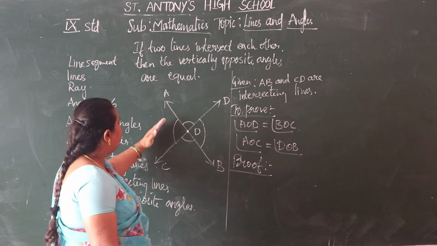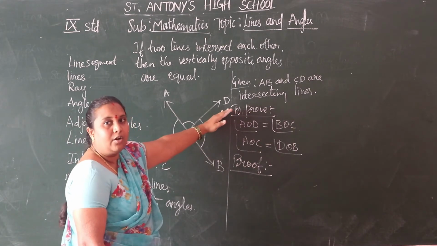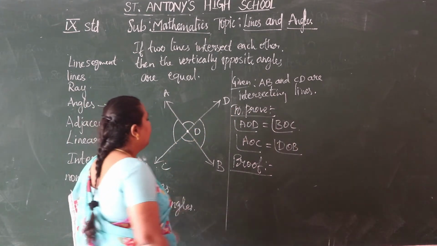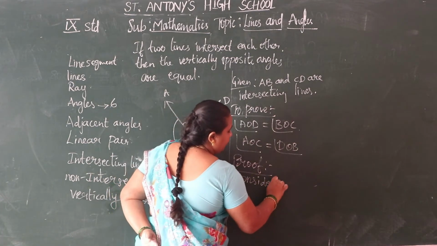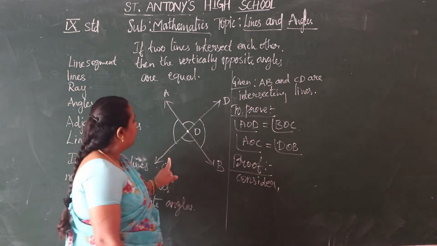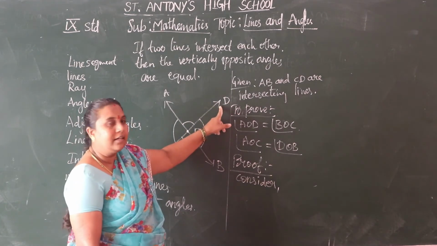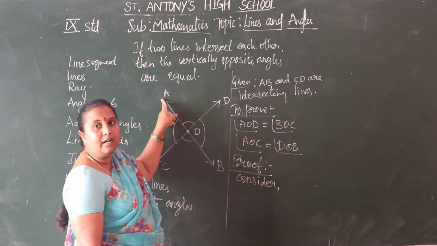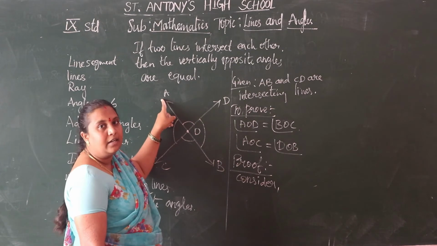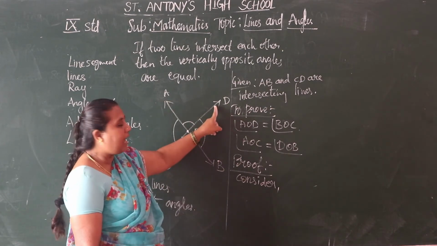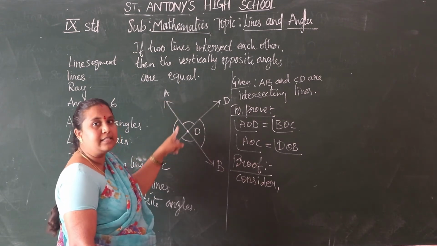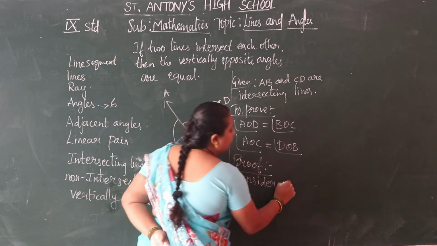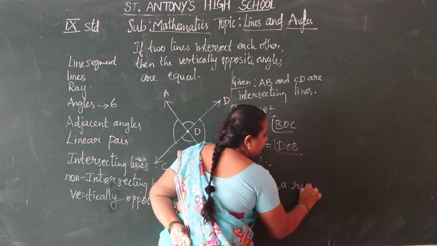Next, the proof. Now we take line CD. Consider CD as a line and OA as a ray standing on line CD.